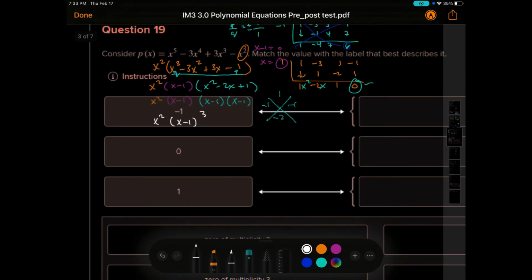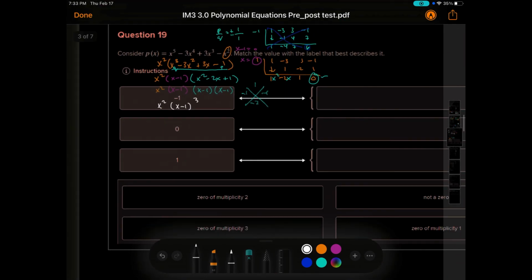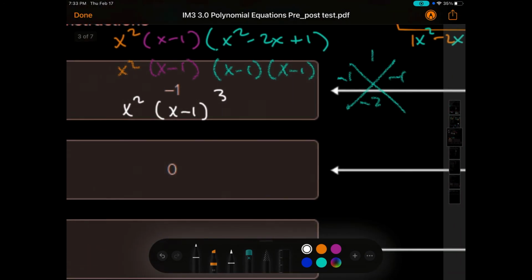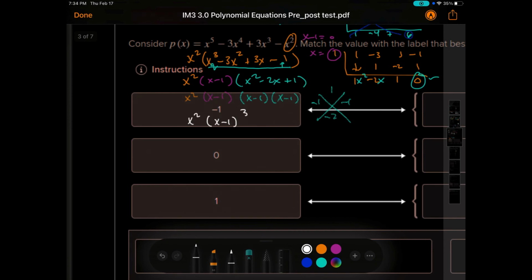Okay, then it's telling us, how would you describe negative 1 in our answer here? I would say that you're tempted to think it is a 0 of multiplicity 3. And the answer is no. Because remember, x minus 1, you come back up here and you realize that the 0 is at x equals 1.